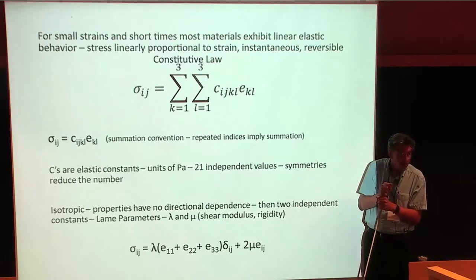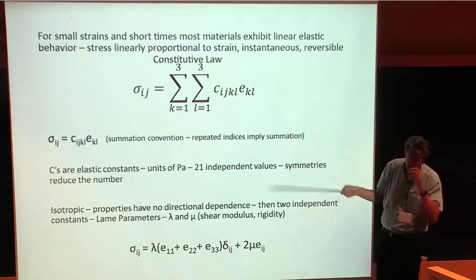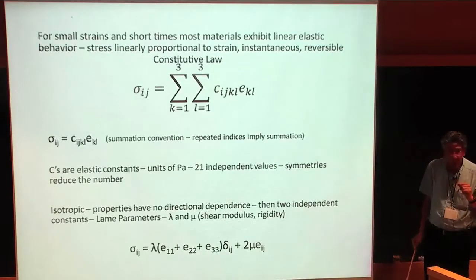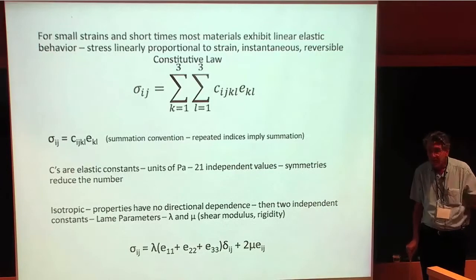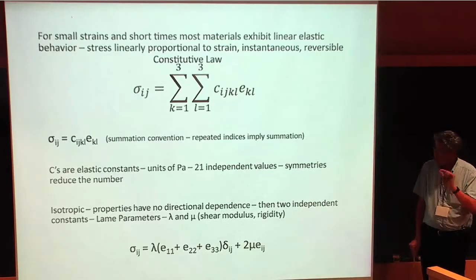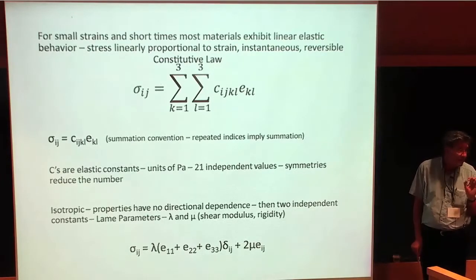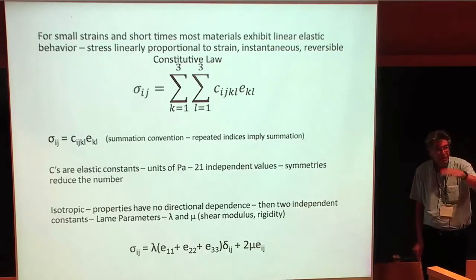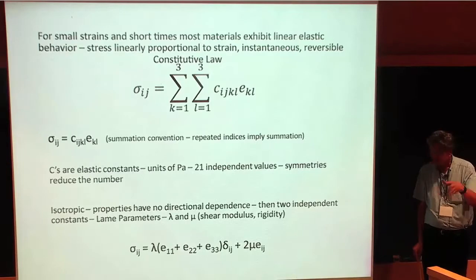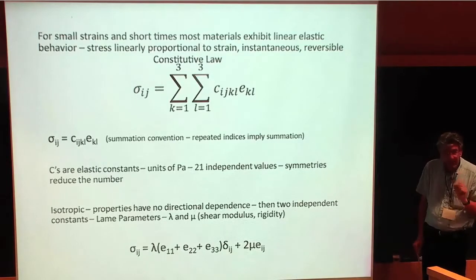So why do we use that? Well, that's a pretty good approximation to the behavior of almost all materials, as long as you're looking at short times and small stresses or strains. And that's kind of seismology, right? You're looking at something that happened over a 10-second period, with very, very small strains, 10 to the minus 4.